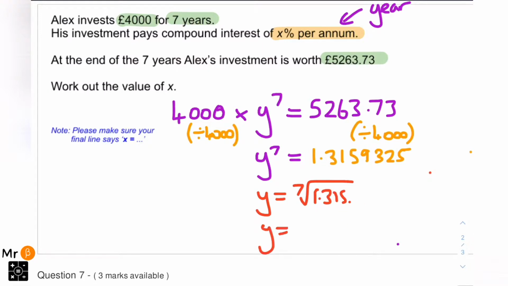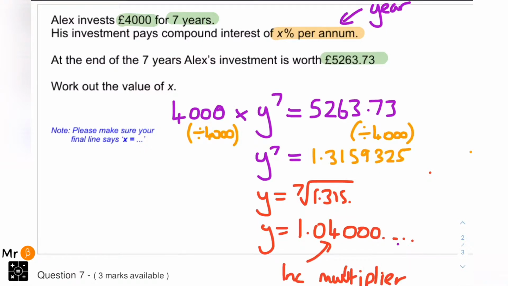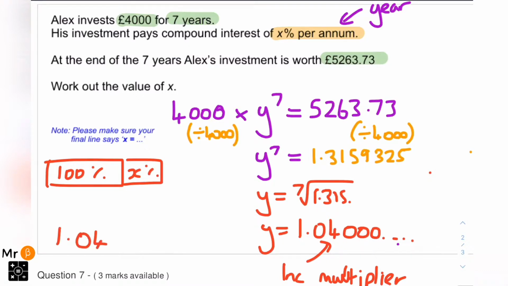So if we type that in our calculator, we would get 1.04000. We now know what the increase multiplier is. If you think back to our diagram, we had our 100%, our bit added on, which in this case is X%. That gave us this percentage, and then we divided by 100 to get it to our increase multiplier. So if we reverse that by timesing by 100, we'd get 104%. Therefore, X must be 4%.